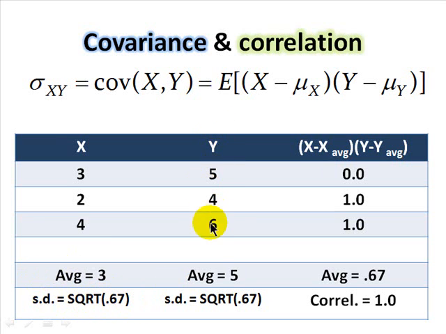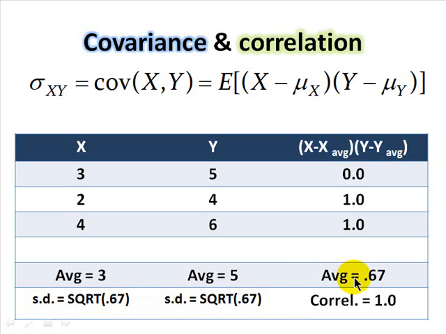Also, the standard deviation of y turns out to be the square root of 0.67. So now if I take the covariance, 0.67, divide by the product of volatility of x and volatility of y, if I multiply the square root of 0.67 by the square root of 0.67, I get 0.67. So that denominator is 0.67.